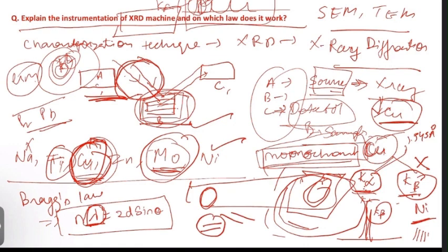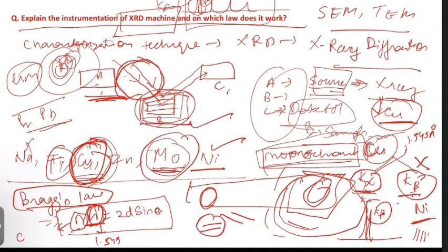So this is the definition for Bragg's law. Do you understand lambda now in Bragg's law? We use 1.54 Angstrom if you are using a copper source. If you use molybdenum, nickel or cobalt, this value will change. What is N?